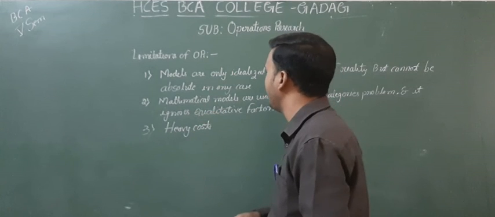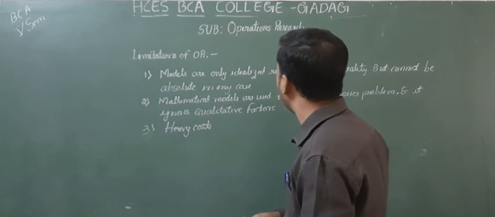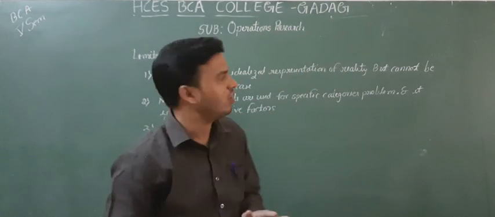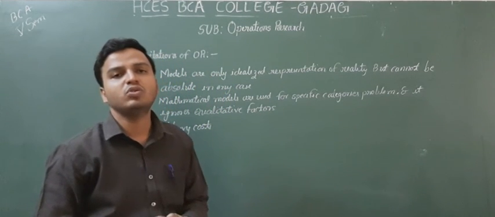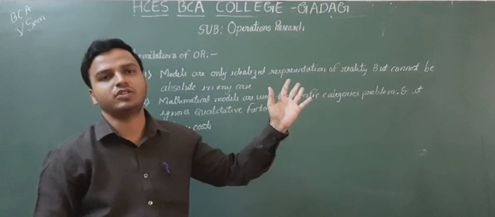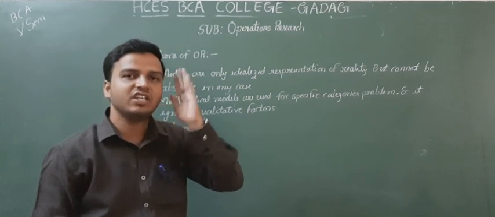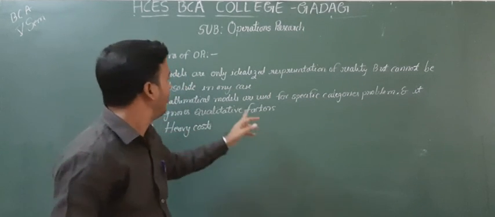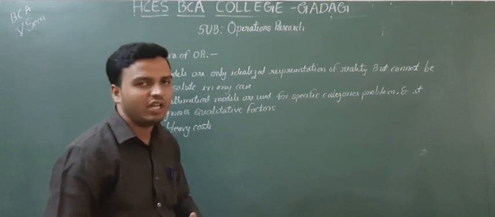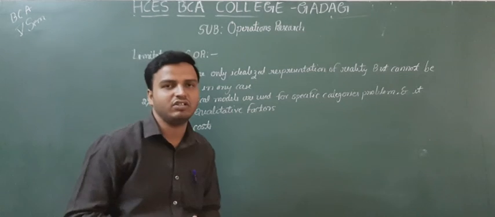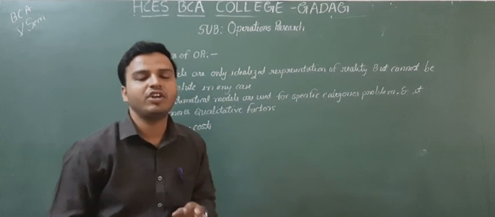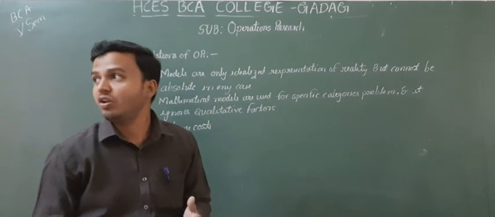The second one is mathematical models are used for specific category problems, so they are not used for all problems. For one specific category we have used these mathematical models, and they ignore the qualitative factors.